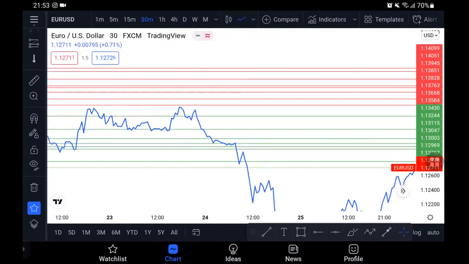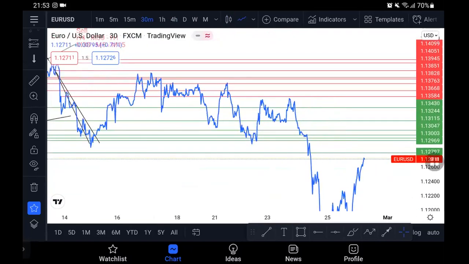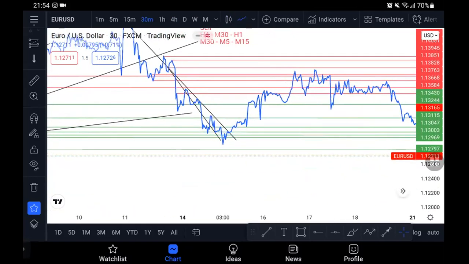Lepas tu boleh tarik trend line kan dia? Boleh. Trend line ni tak ada rules. Berapa banyak kita nak tarik pun no problem. Yang penting kita tahu apa nak buat bila dia sampai kat situ dan apa nak expect lepas kita entry. Itu je. Siapa yang pandai guna, memang akan tarik banyak. Sebab tu kadang kita tengok setengah orang trend line dia macam serabut, tapi dia pandai guna, so tak ada masalah.